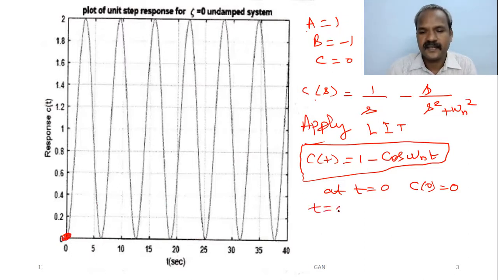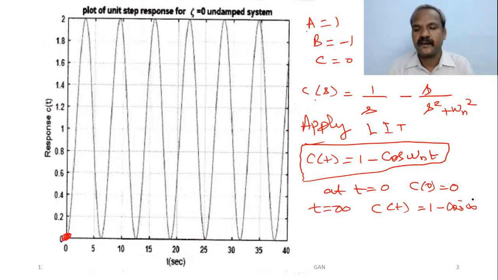When t equal to infinity, what is 1 minus cos omega n t? The cosine takes its extreme value, so it becomes 2 times. It becomes double, right? So the response is double, right?